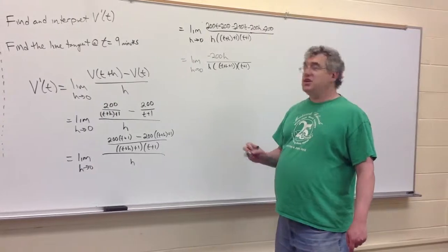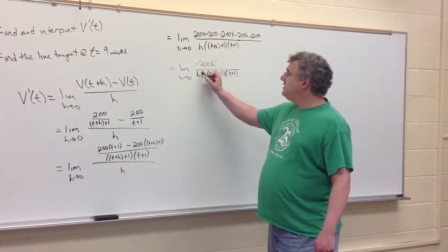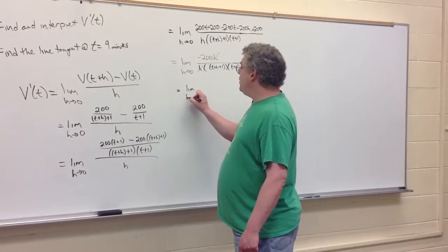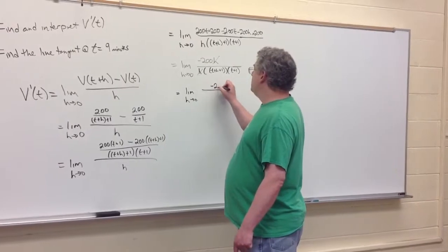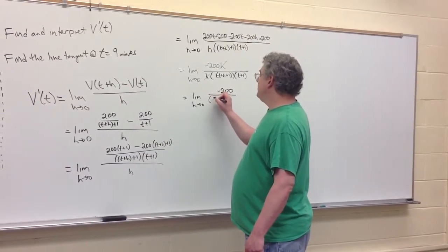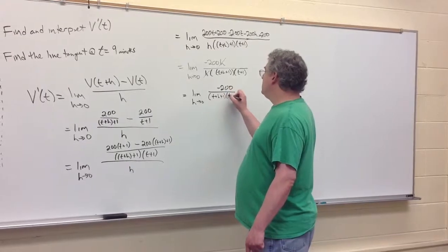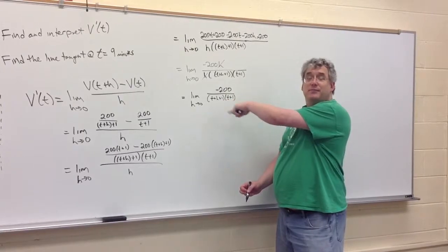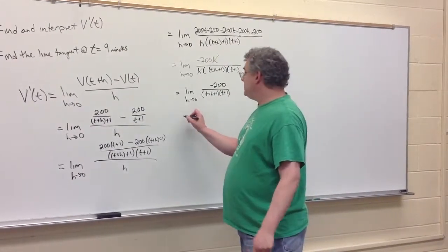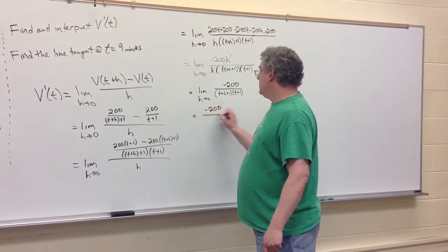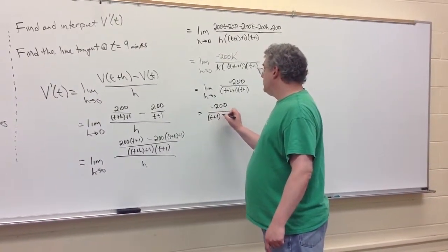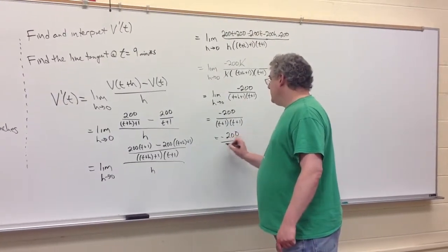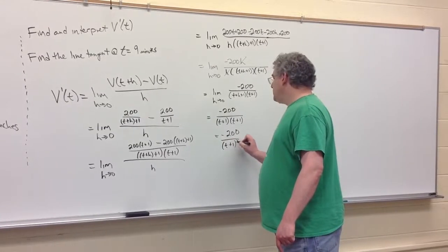So the h can divide out of the top and divide out of the bottom, and at this point we have gotten rid of all of the pieces that make this discontinuous when h goes to 0. Because now the bottom is the only h, and if you plug a 0 in there, it still works. So let's plug the 0 in. So the derivative is minus 200 over t plus 1 squared.